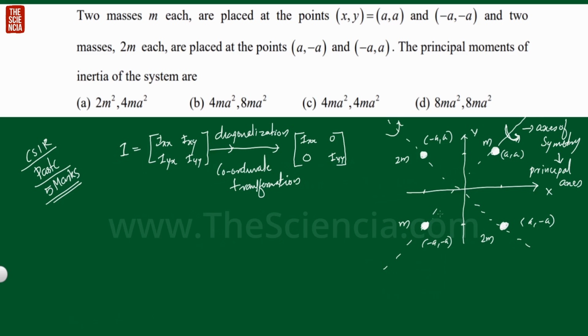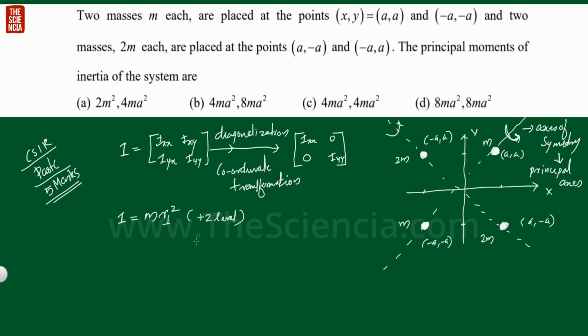Only due to these two, and these are at the same distance. Here I am going to use the very basic equation of moment of inertia, that is I equals m r perpendicular squared. This is a plus-2 level equation, right?